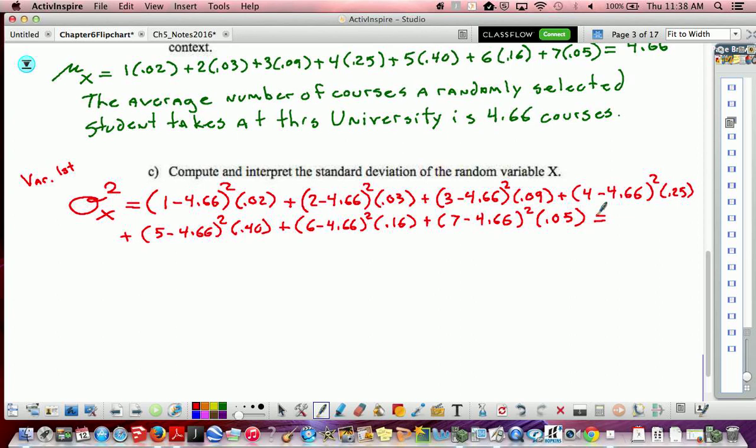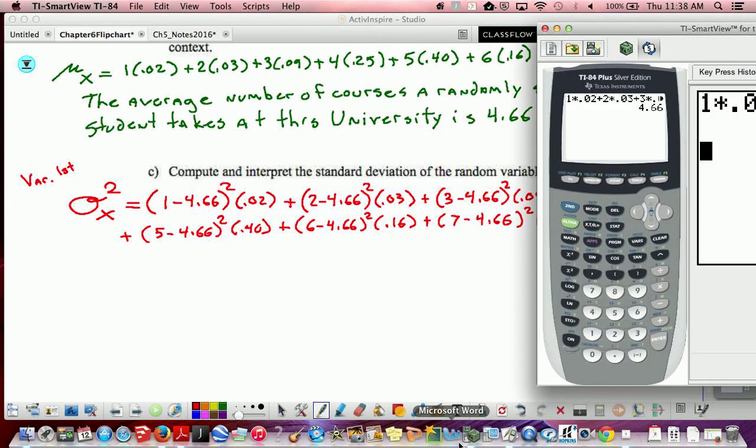All right, can I go ahead and start typing it? What I like to do is type it just how I wrote it, except I don't need to put parentheses around each of the probabilities, but I do need to put parentheses around the first part. So as I type this in, I go 1 minus 4.66, close my parentheses, squared, hit the squared key, times 0.02.